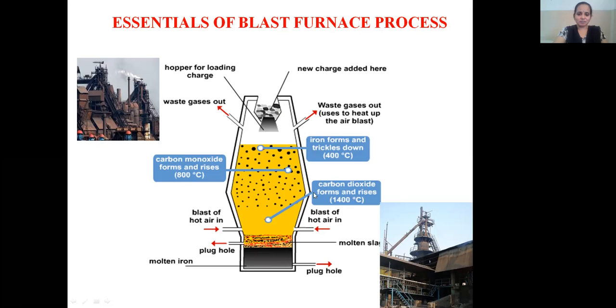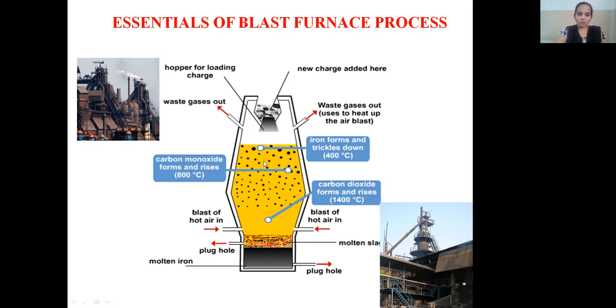What does it mean? Here, in front of the tuyere, coke reacts with oxygen present in the blast of air to produce carbon monoxide. That carbon monoxide moves in the upward direction through the raceways. So this carbon monoxide reacts with the iron oxide present in the downcoming raw material: iron ore, Fe2O3, reacts with carbon monoxide to form Fe3O4.